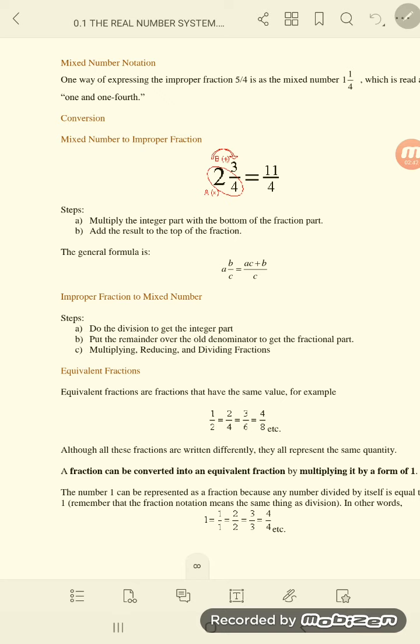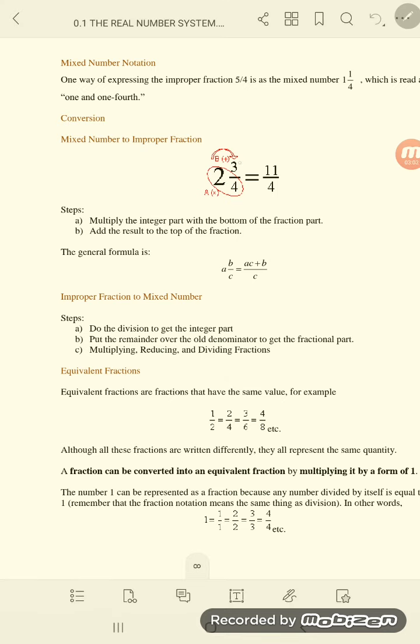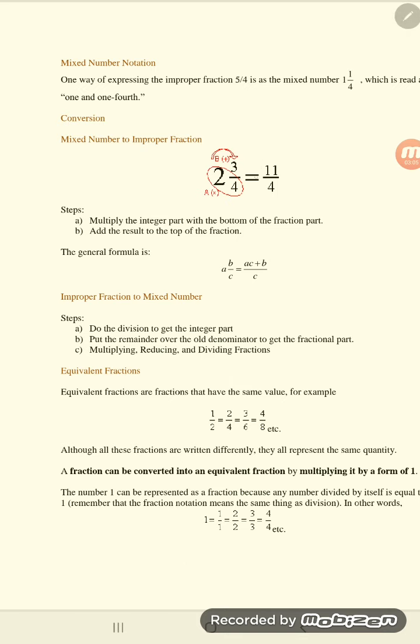Sometimes I want you to use an improper fraction to write your answer, if you get something like this. In order to do that, you just need to multiply first. 4 times 2 will be 8. 8 plus 3 will be 11. That's why you obtain the value of 11 as your numerator.